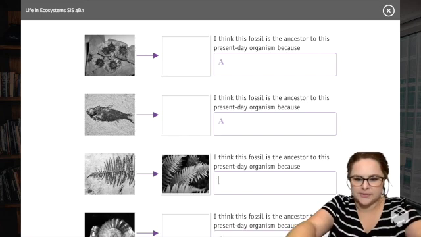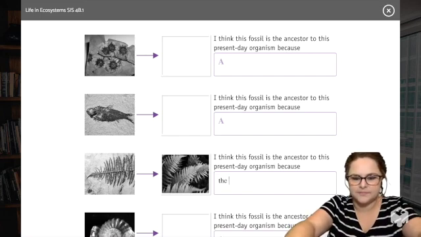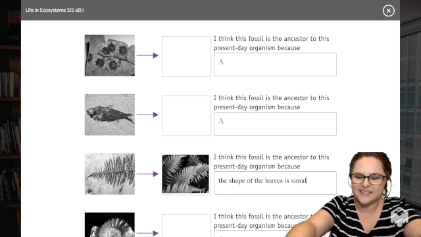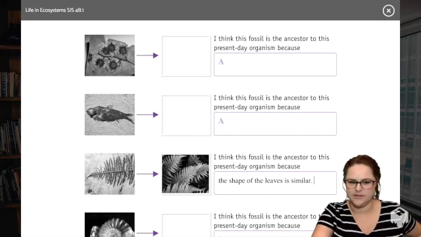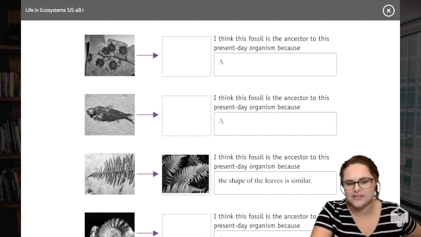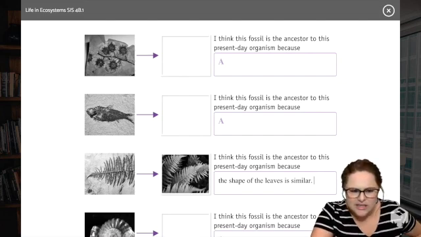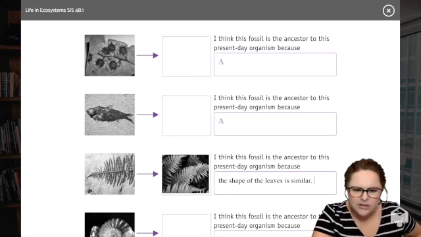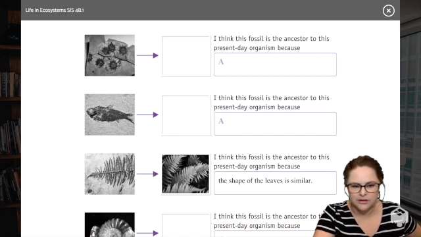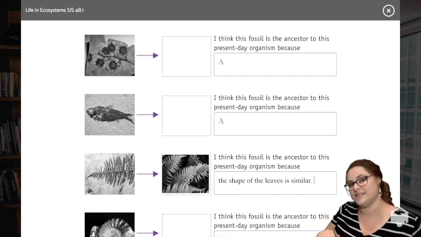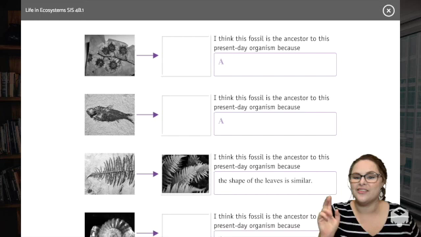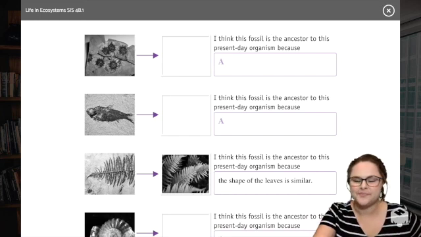I'm gonna put, because the shape of the leaves is similar. It looks like these leaves might be slightly smaller and that these leaves might have grown a little bit, but I can definitely see an ancestral resemblance, which means that they look very similar.